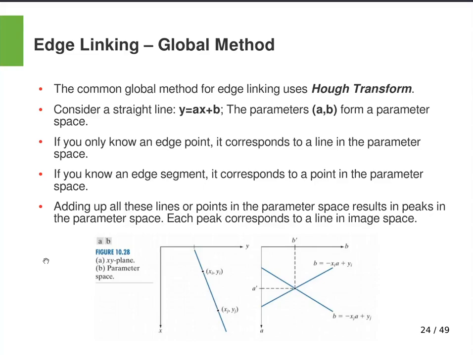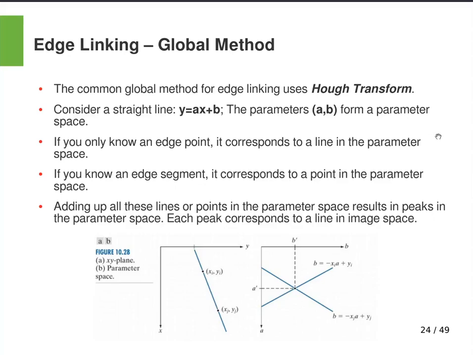If you consider a straight line in the image, it is shown with the equation y equals ax plus b, in which x and y are the coordinates and a and b are the constants that specify the linear equation. Now let's say you transform this line into a transform domain that uses parameters a and b to represent the functions.